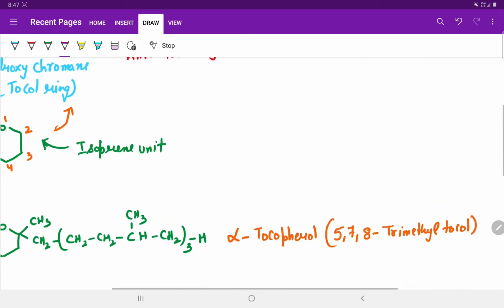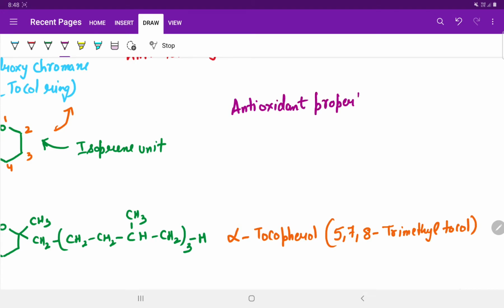I shall be writing over here that antioxidant property is due to hydroxyl group at 6th position in chromane ring.